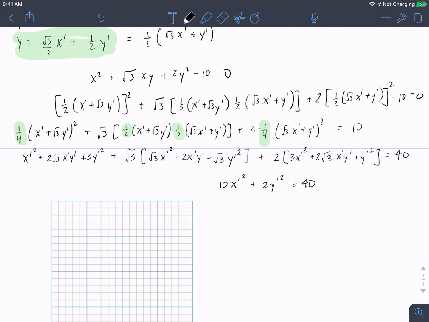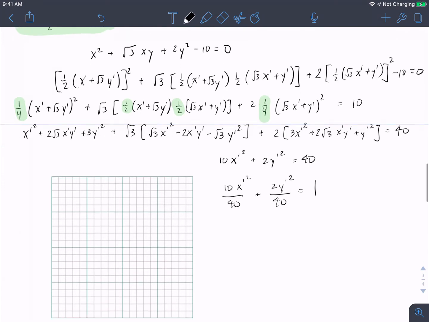And so when I go to clean this up, I need this constant to be a 1. So what's going to happen is I'm going to get 10x' squared divided by 40 plus 2y' squared divided by 40 is equal to 1.